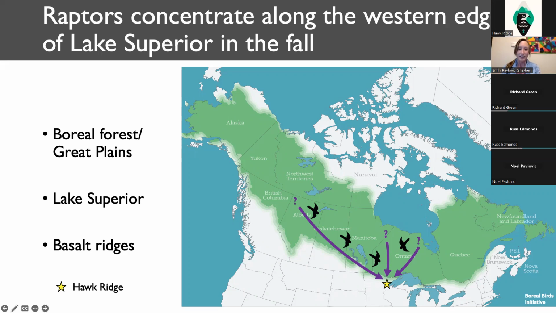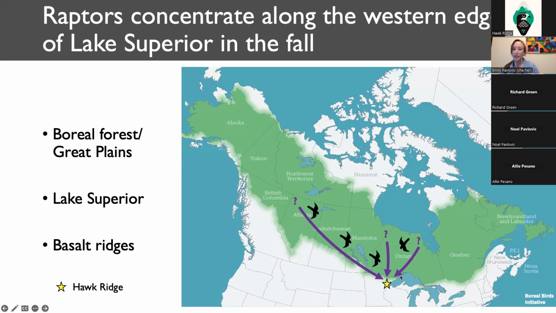And they follow this suitable habitat down towards northern Minnesota. And then many raptors tend to avoid crossing large bodies of water due to the lack of thermal air rise over water. That means that raptors reach the shore of Lake Superior and they tend to funnel down through Duluth.